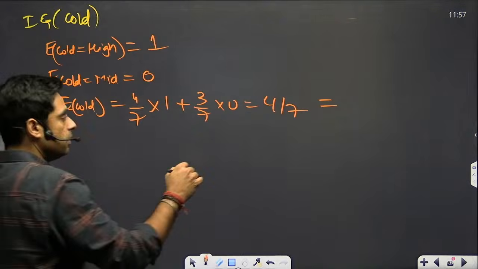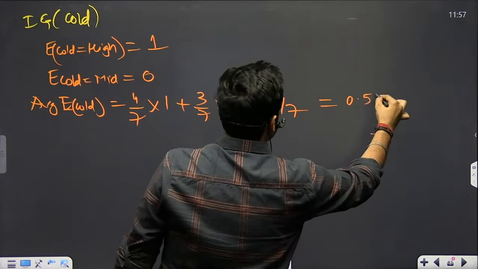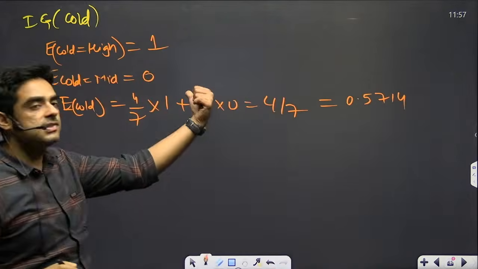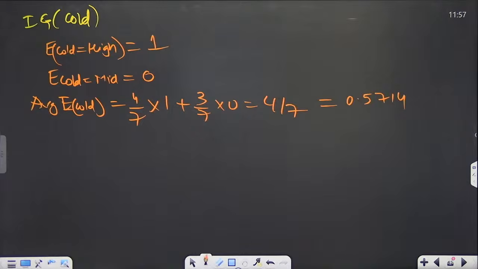That is 0.5714, the average entropy of the feature cold.